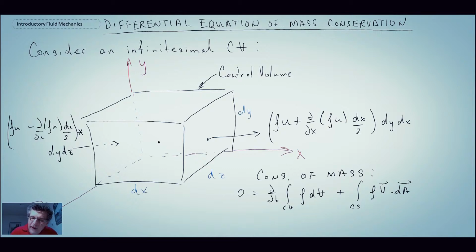So that is what we did in our control volume analysis. And for the second term here, we're going to use the Taylor series expansion. Oops, I should have written that in there.